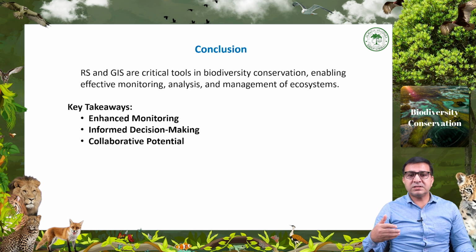We also discussed how the integration of various data sources through GIS fosters collaboration among scientists, policymakers, and local communities. Thus, there is a crucial need to invest in these technologies, promote training and capacity building, and foster global partnerships to effectively conserve biodiversity and address growing environmental challenges.